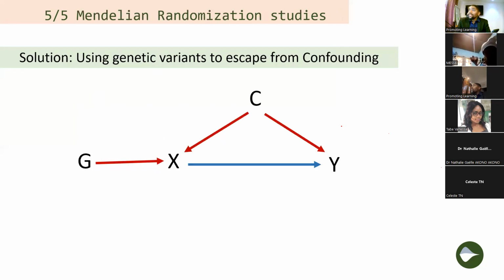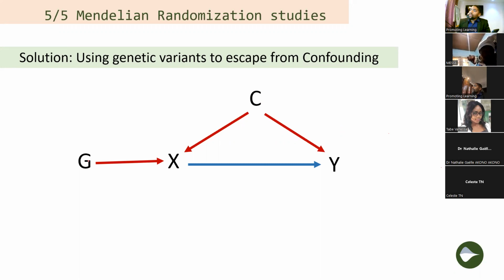We have what they call instrumental variable studies. I'm going to talk about one in particular, Mendelian randomization. We earlier saw that randomization was the magic thing happening in RCTs, which puts RCTs at the top of the hierarchy of studies for causal inference.